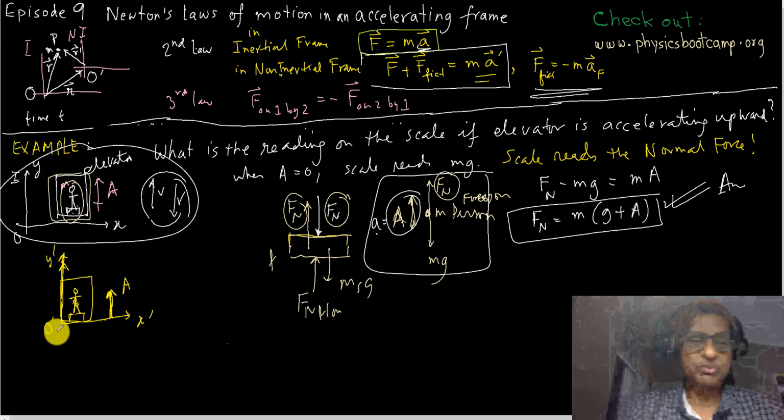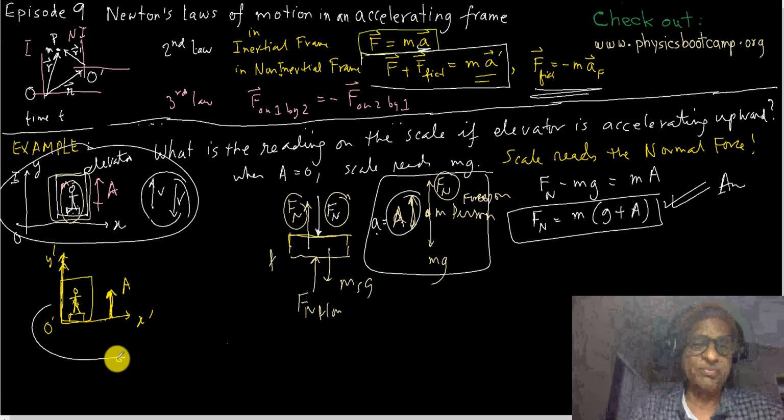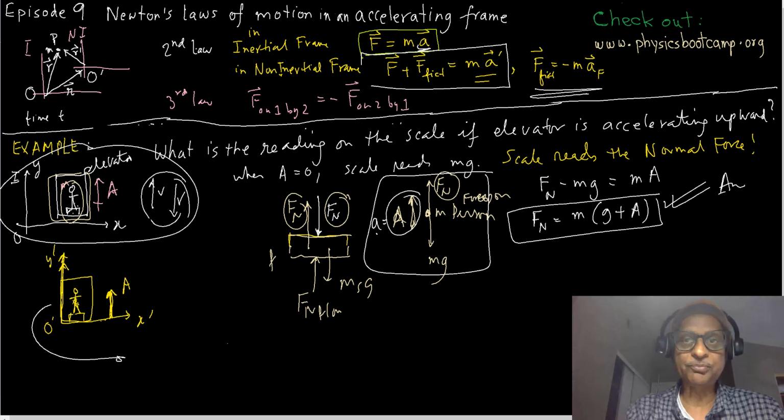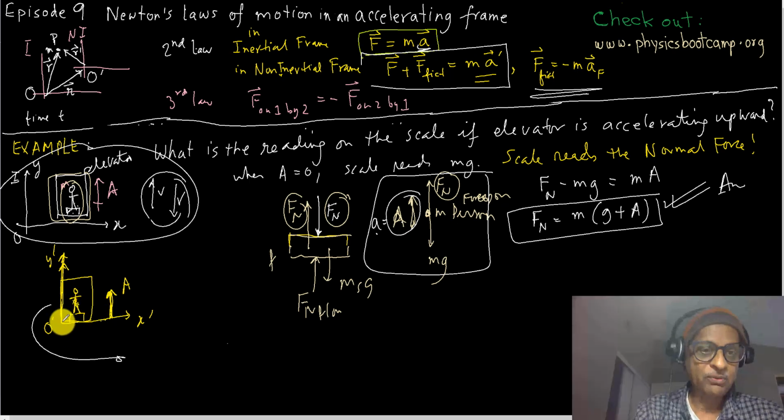So the question is, what do you do for the non-inertial frame? Same thing, but it works out a little differently. Over here the frame has the acceleration in that direction. So for the fictitious force, again I'm going to do the y component.